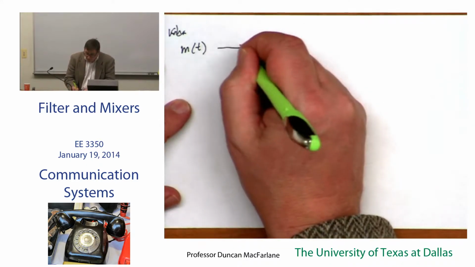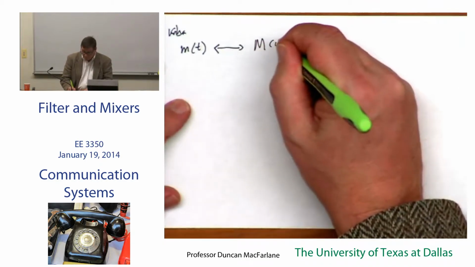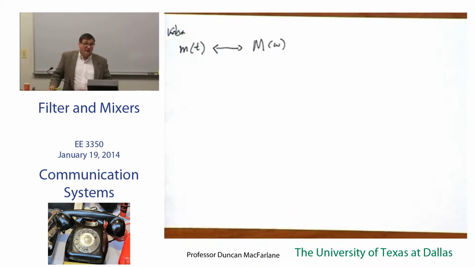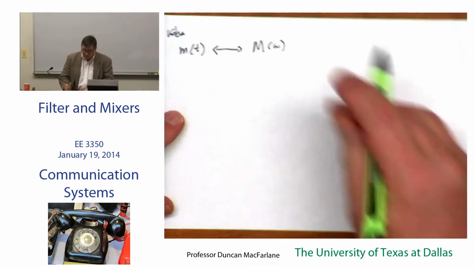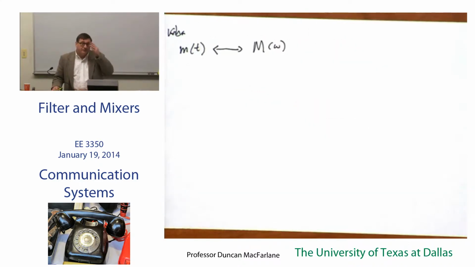But I know something about M(omega). I know if m(t) exists, it exists as a voltage stream. Therefore, I know that it has a Fourier transform. Well, I may not know how to calculate that specifically, but in principle, I know that it has one. And I actually know more about M(omega) than I do about m(t).